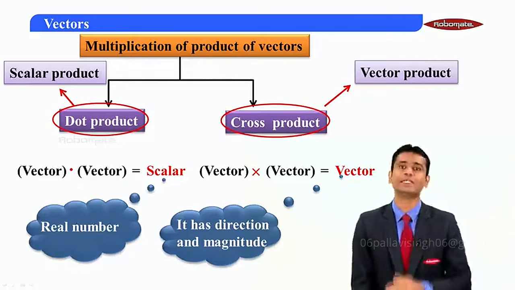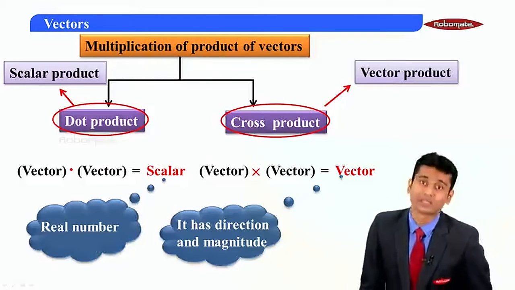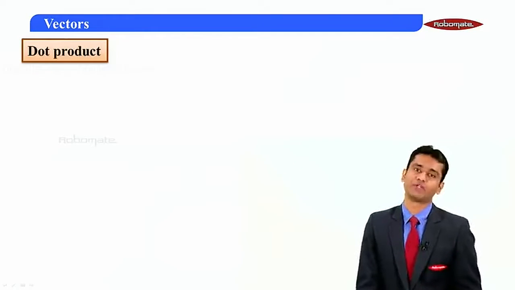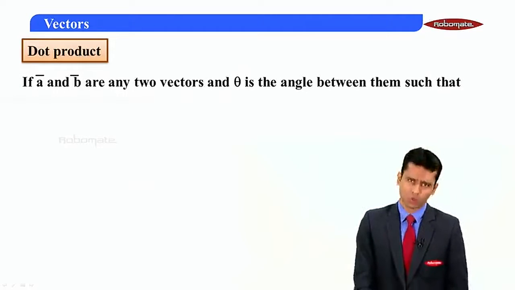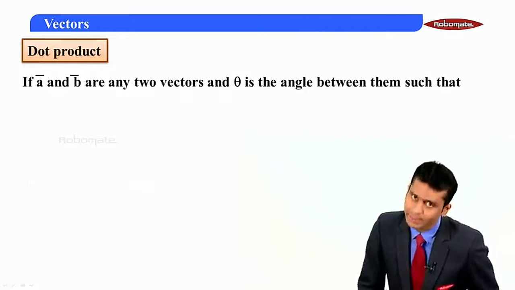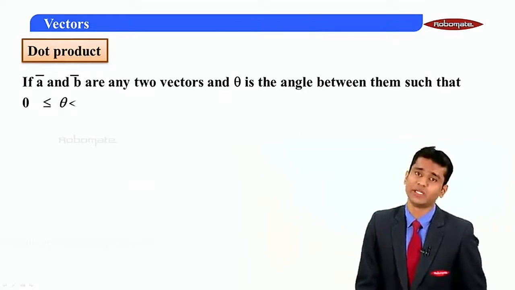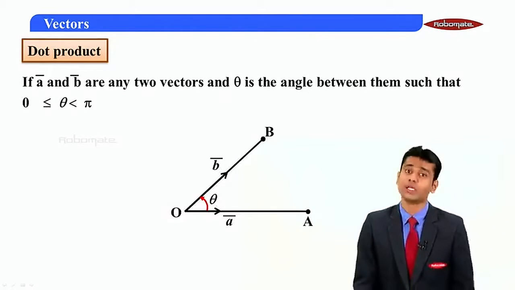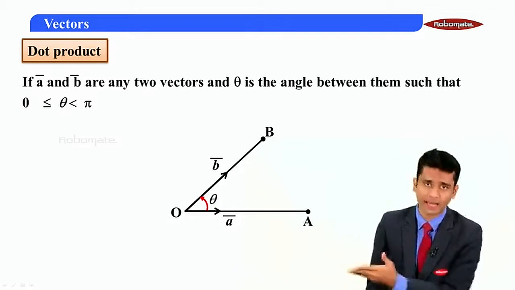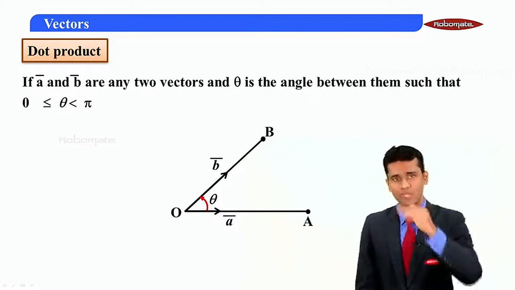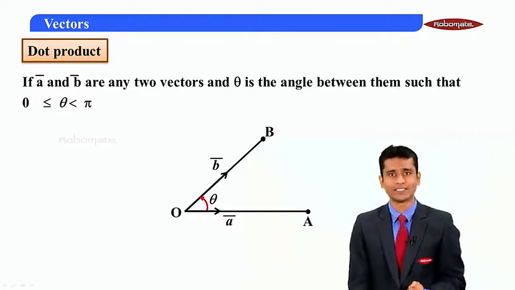Let us see deeply in dot product. Let's give the definition of dot product. If A bar, B bar are two vectors and theta is the angle between them, and theta is between 0 and pi, including 0, excluding pi. Yes, you can see in the diagram, OA bar, A bar, OB bar, B bar, theta angle between them.